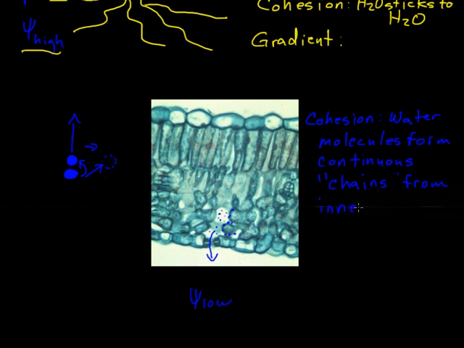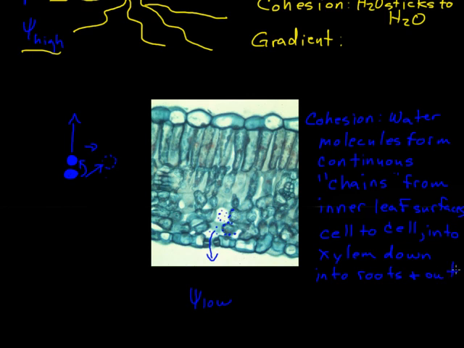from the inner leaf surfaces, cell to cell, into the xylem, down into the roots, and out into the soil. So basically what I'm saying is these water molecules form continuous chains through all of these cells and into these xylem tubes.